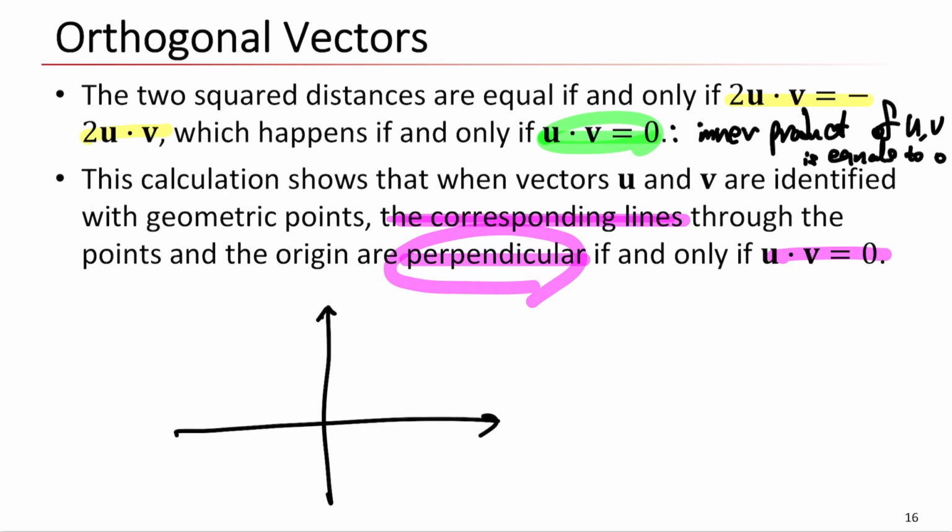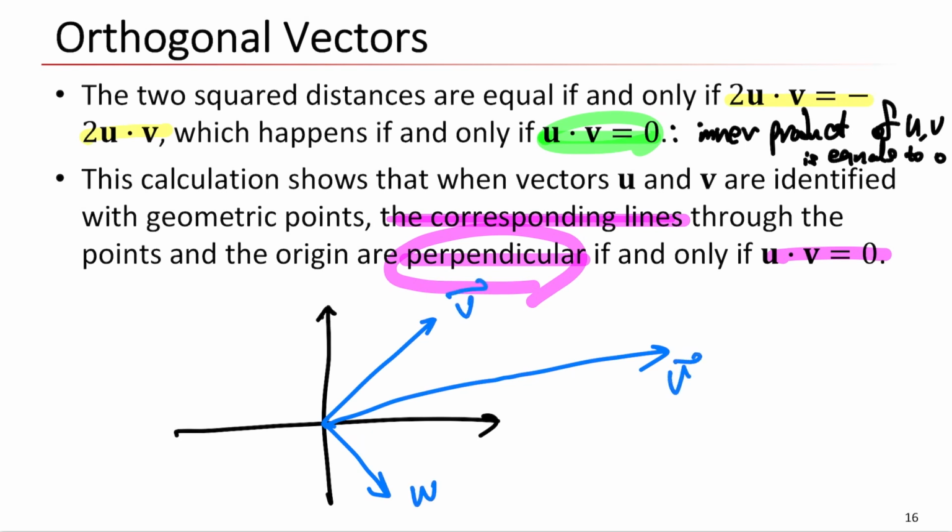Let's say we have three arbitrary vectors in 2D space, something like this. Let's say these are v, u, w. Then we want to know which vectors are perpendicular or not.